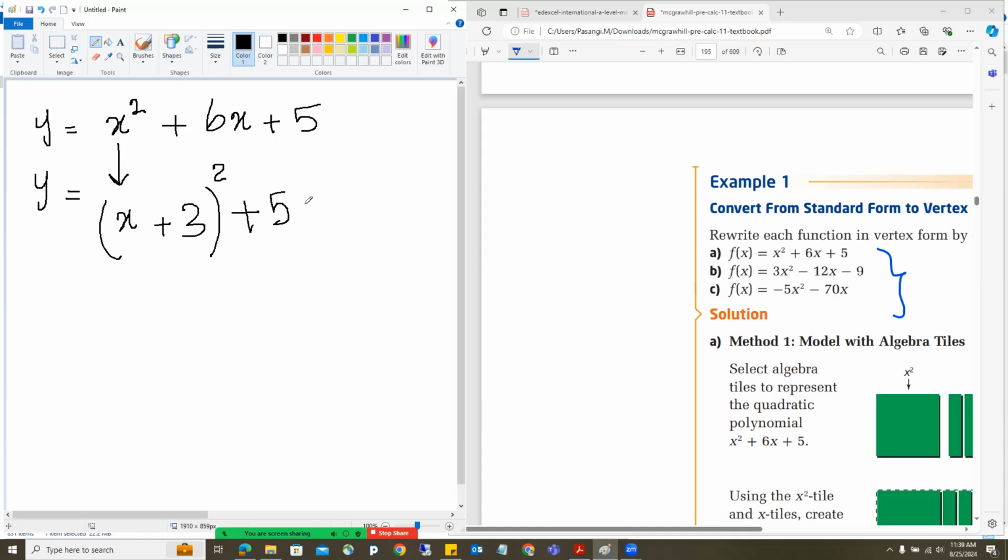Minus 9. Yes, minus 9, which means if we simplify further, x plus 3 squared minus 4 is y. This is the vertex form.